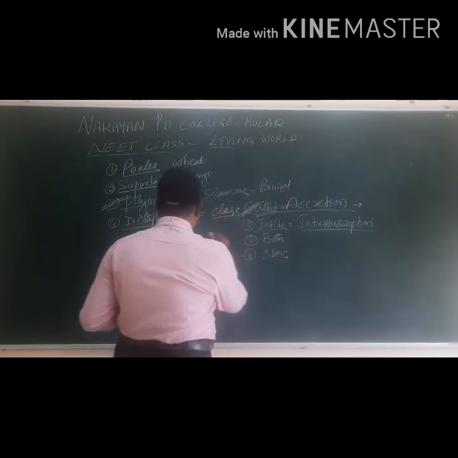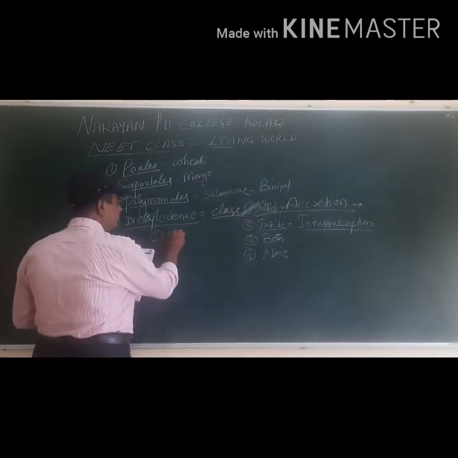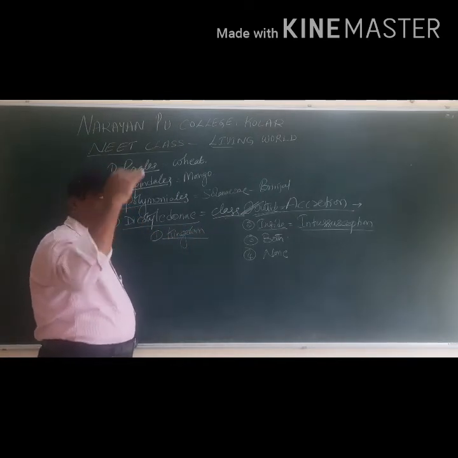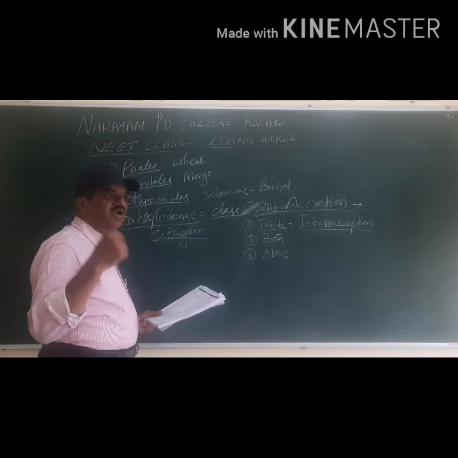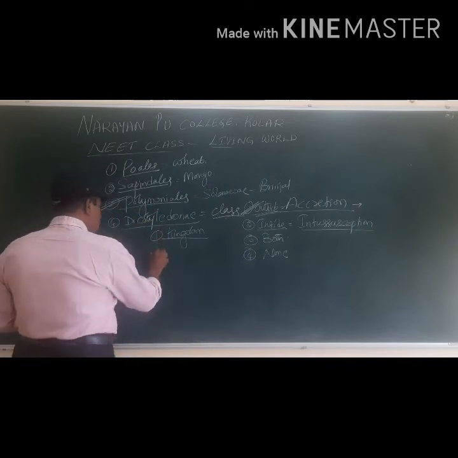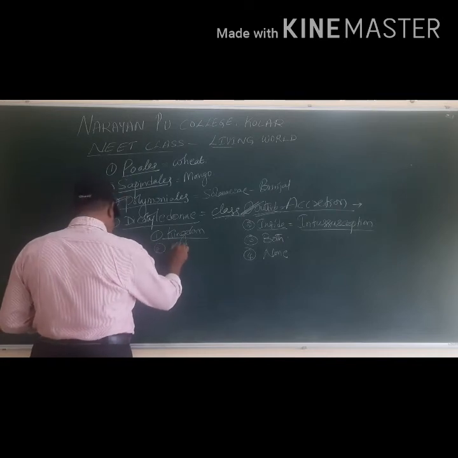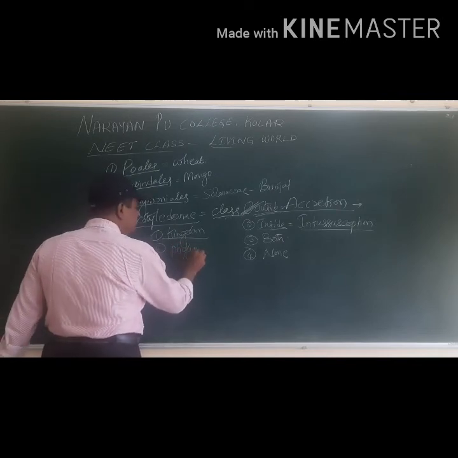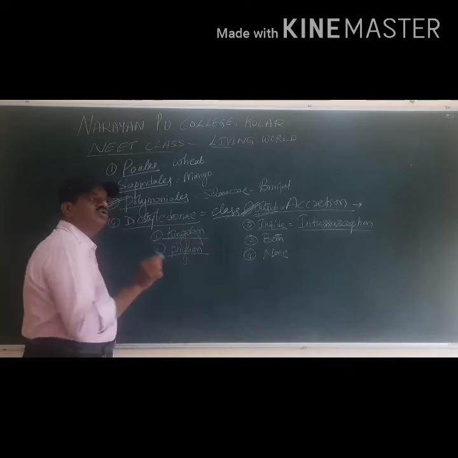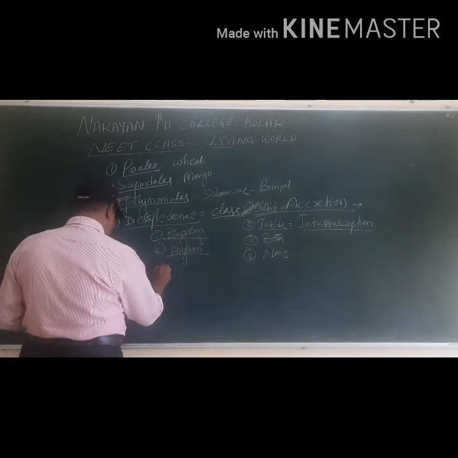The first option here is kingdom. Kingdom is always called the first rank, or the top rank. The number of characters or diversities will be very high. The second option is phylum. Even compared to kingdom it is less, but here also the diversity of characters is high.